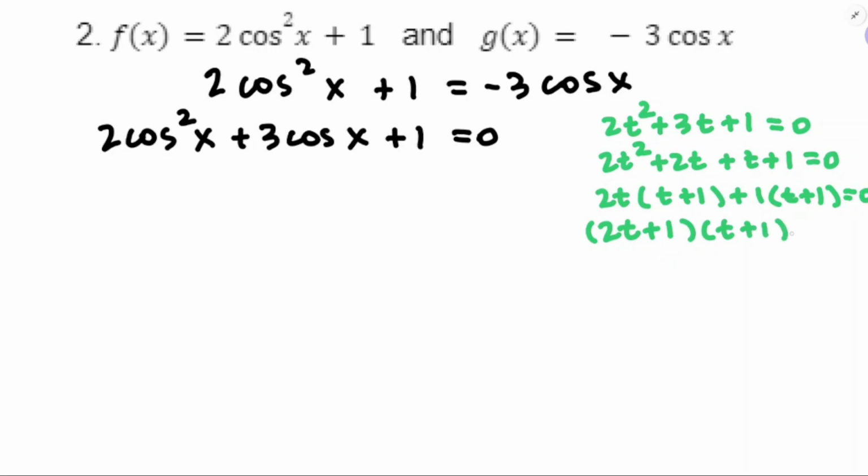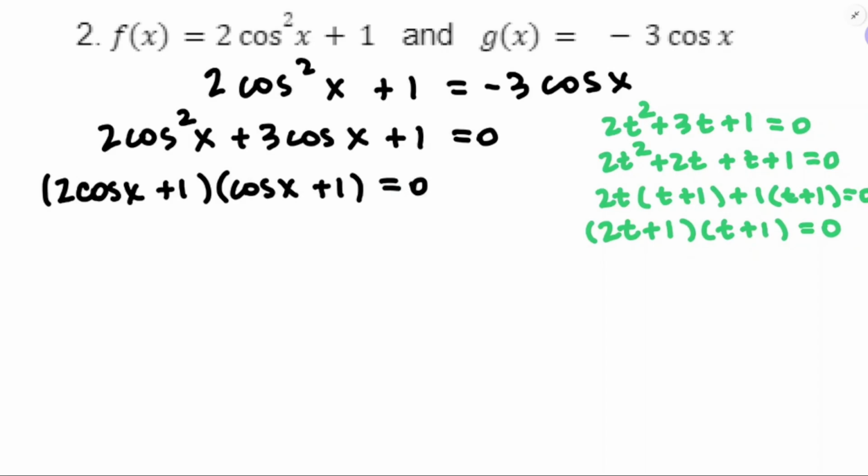We've done this before. All right, so going back over to the original equation, this is basically t equals cosine x, so 2 cosine x plus 1 multiplied by cosine x plus 1. That's going to equal 0.